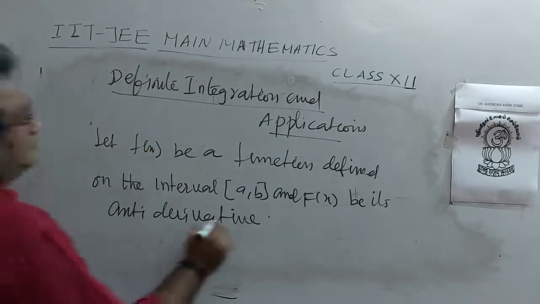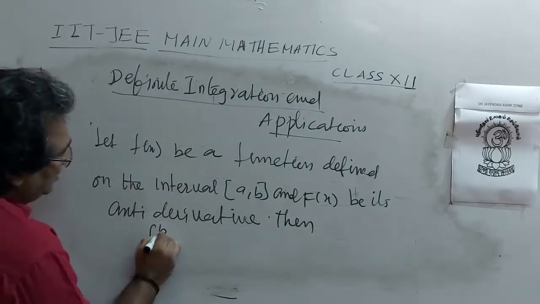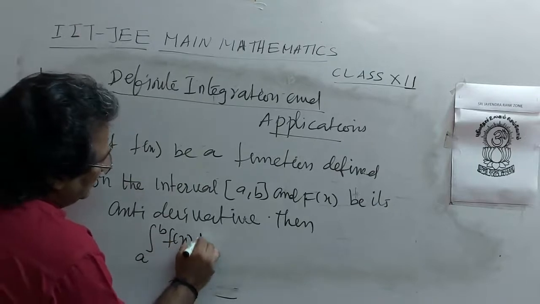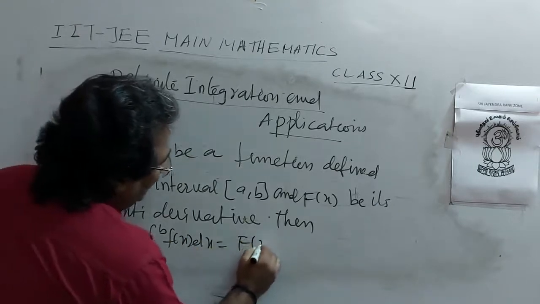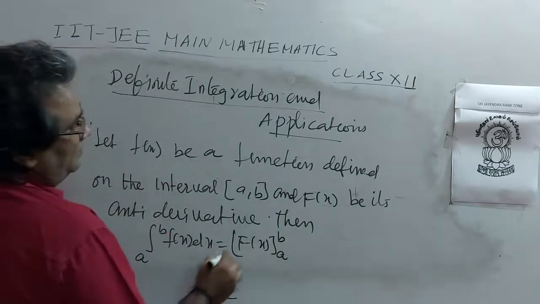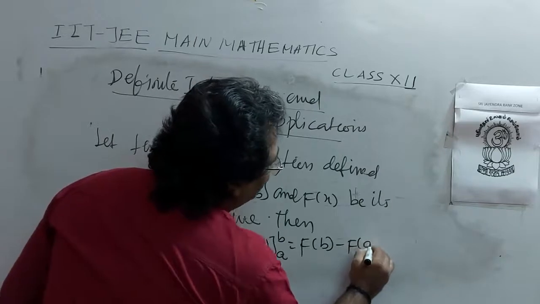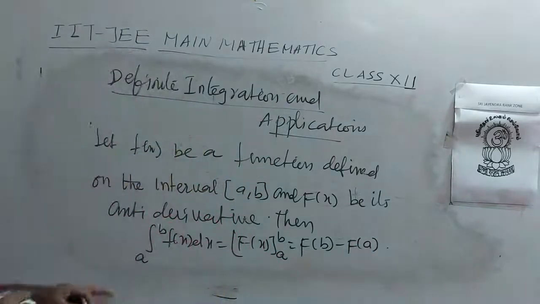Then the integral from a to b of f of x dx equals F of b minus F of a. So this is the lower limit, this is the upper limit.